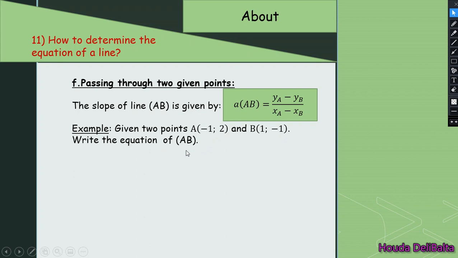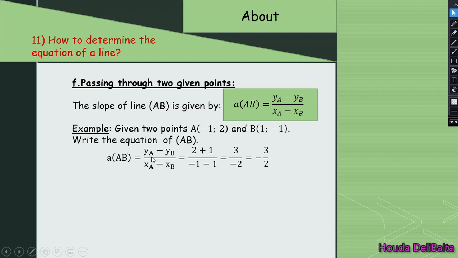So we don't have a slope, we don't have a y-intercept, we don't have a line parallel to it, we don't have a line perpendicular to it, so none of the previous methods will work here. So the first step is to find the slope using the rule of the slope.